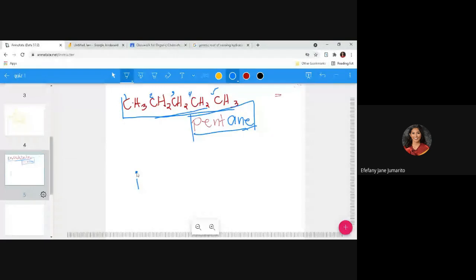So we have carbon 1, and then we form a bond. Then the point here again is your carbon. Then how many carbons all in all? We have 2. We have carbon 1, and then we have C2.